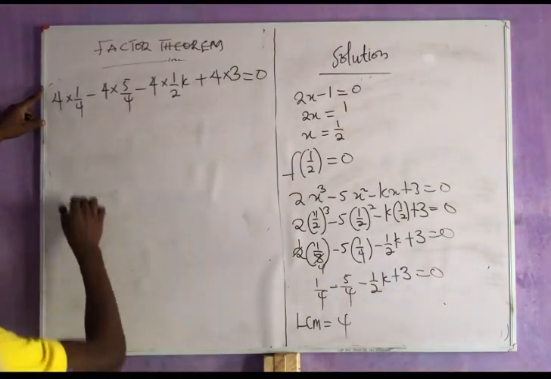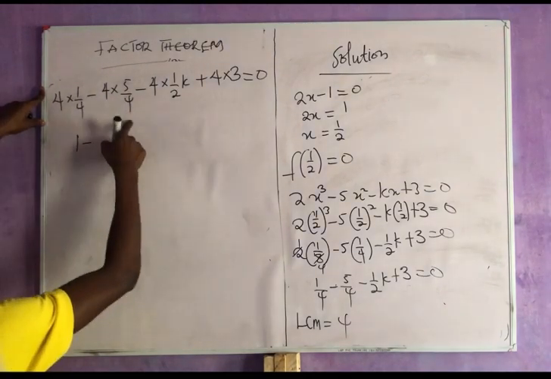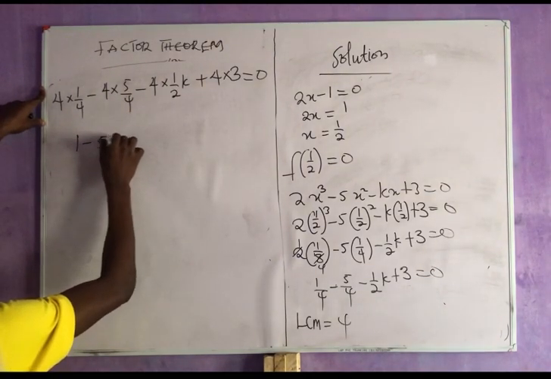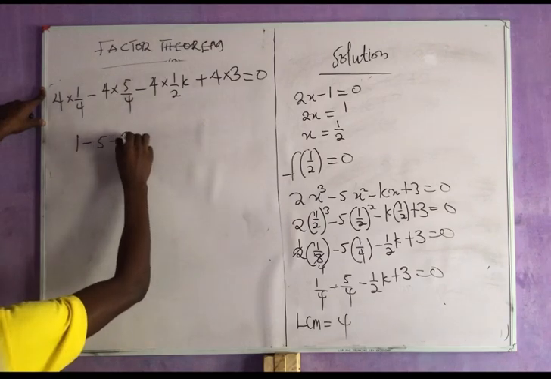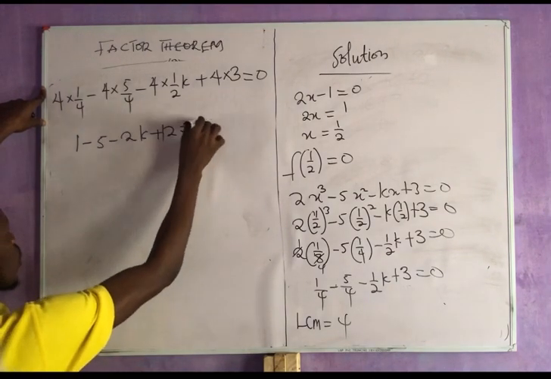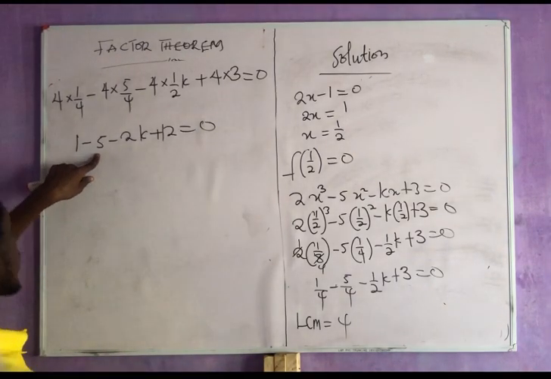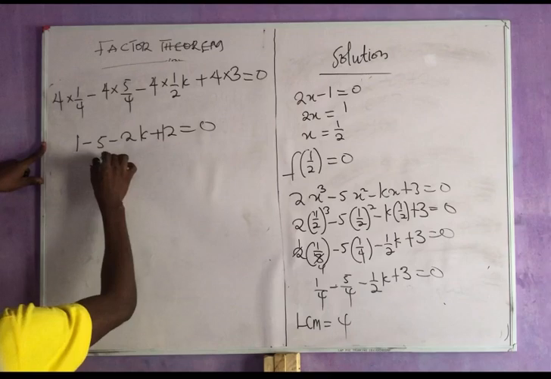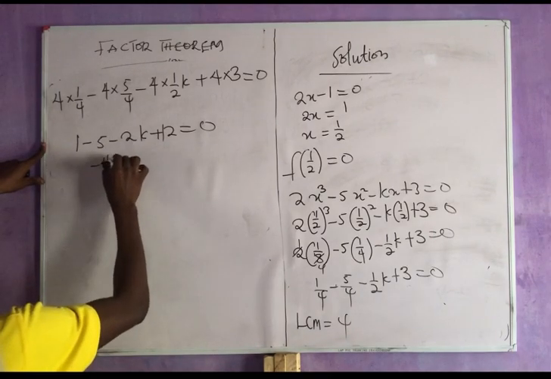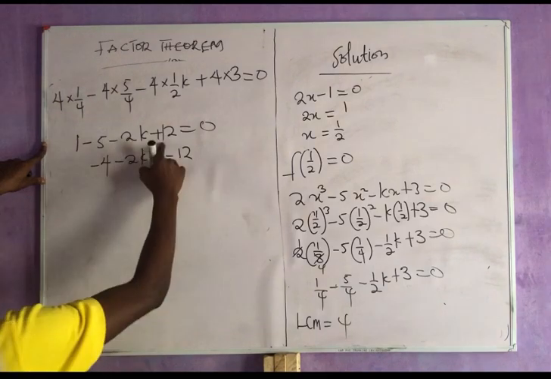So 4 times 1 over 4 gives you 1, minus 4 times 5 over 4 gives you 5, minus 4 times half gives you 2k, plus 12 equals 0. 1 minus 5 is negative 4, so negative 4 minus 2k equals minus 12.